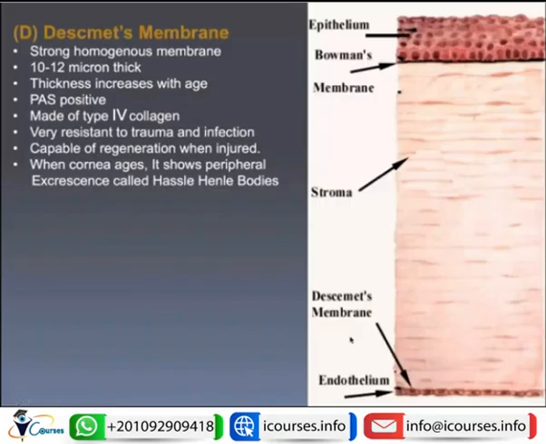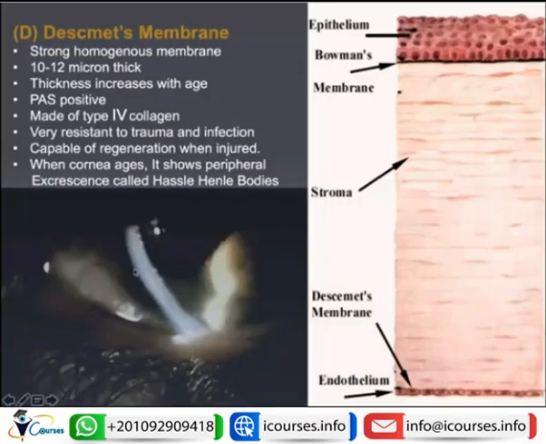It is again 10 to 12 microns, the same as the thickness of the Bowman's, and this thickness increases with age. So when a person ages, this Descemet's membrane can increase in thickness up to 5 times. It is periodic acid Schiff positive.